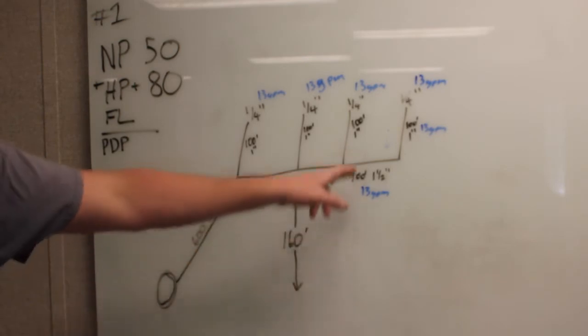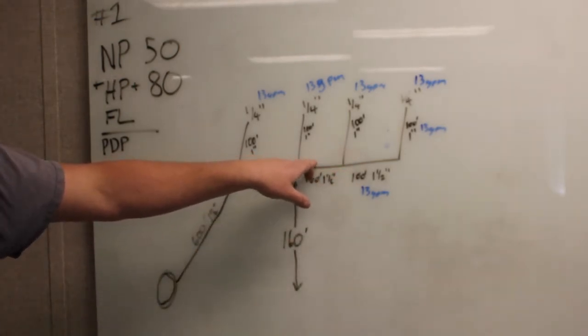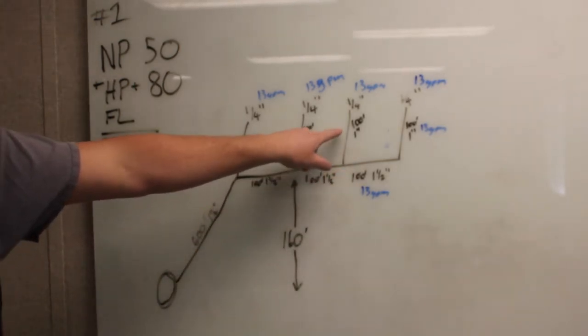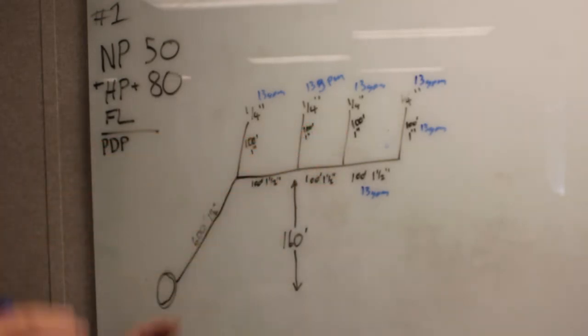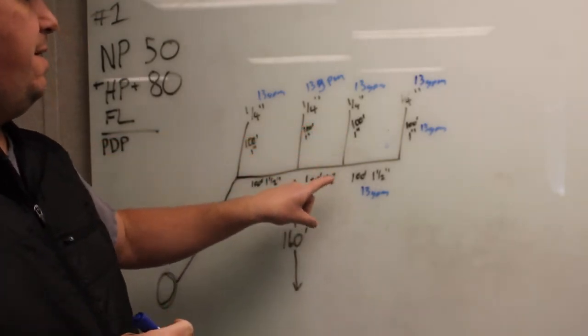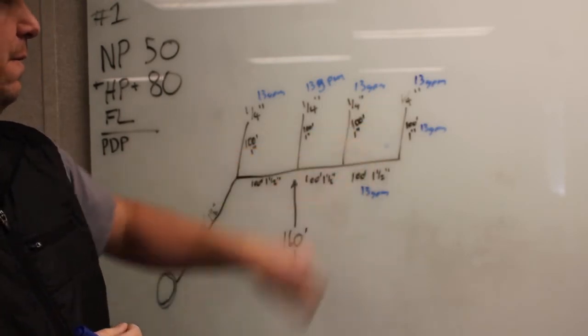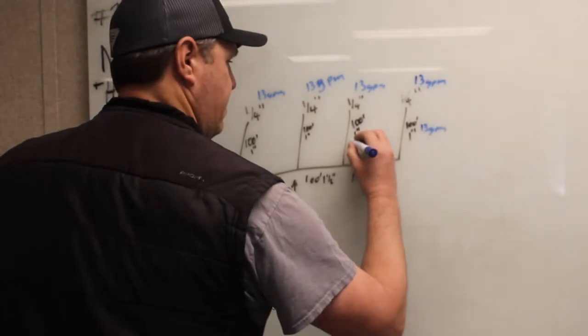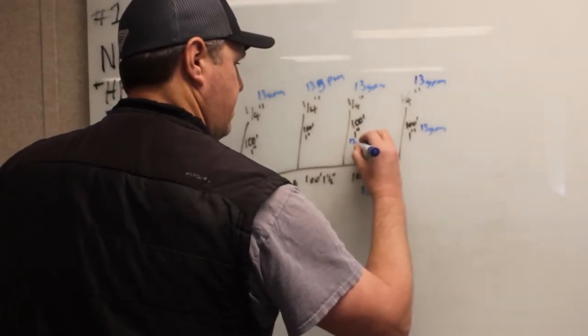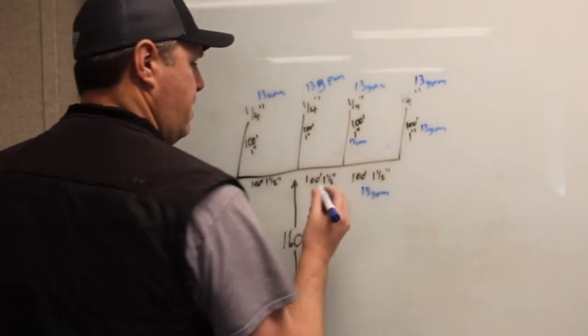Now I come back another. I'm in this piece of 1.5 inch. Why am I not doing this? Well, because in friction loss, we only have to calculate for one. We'll get into that part in a minute. But I'm following my flow. So we can say there's 13 gallons per minute up here.